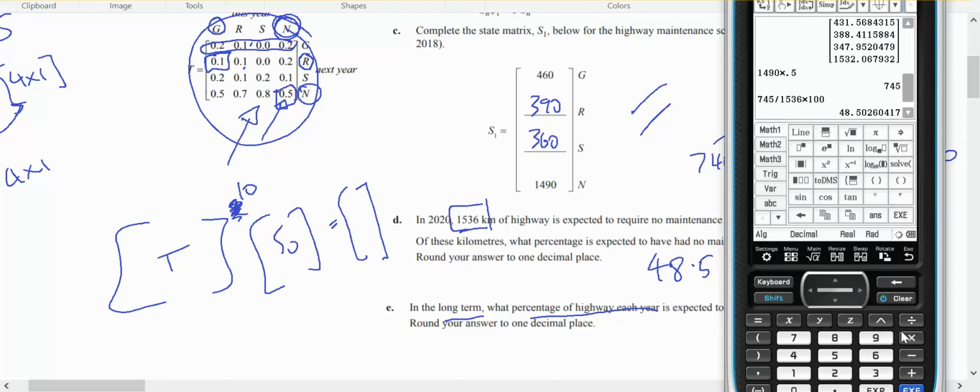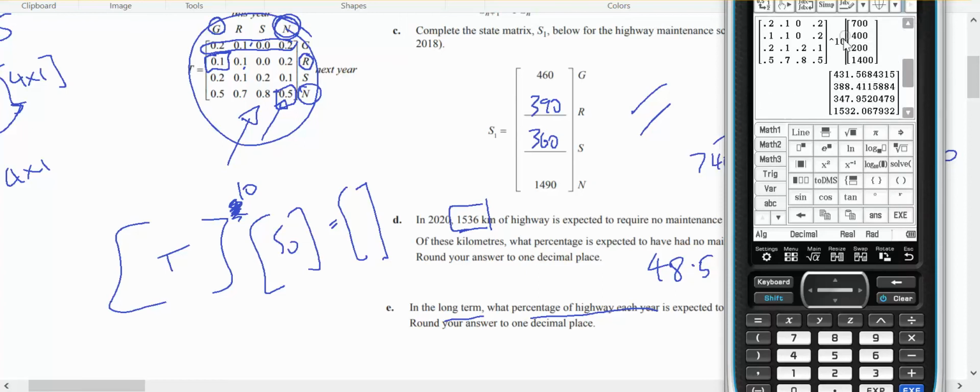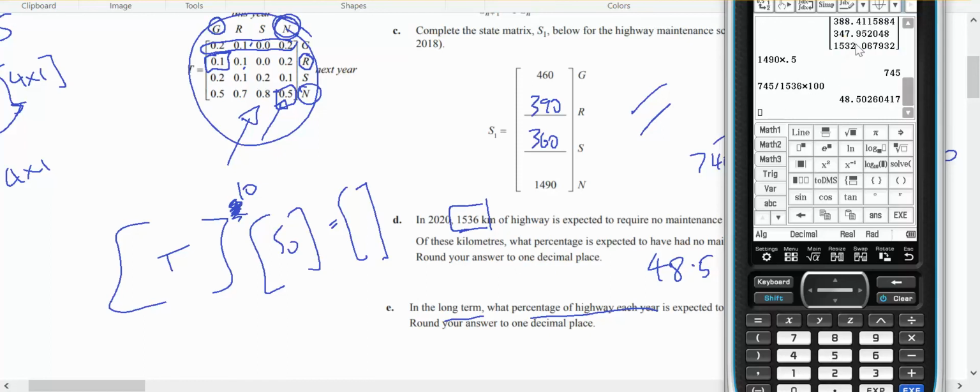So after 10 years, 1532 don't get maintained. So if I make that maybe 15 years, that's 1532, it's still 1532.